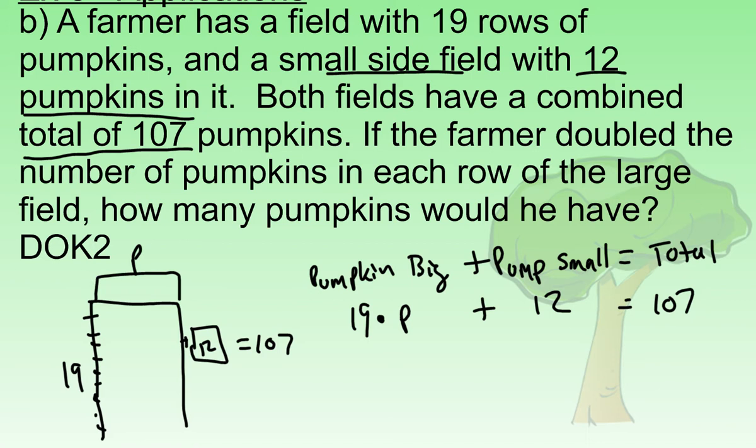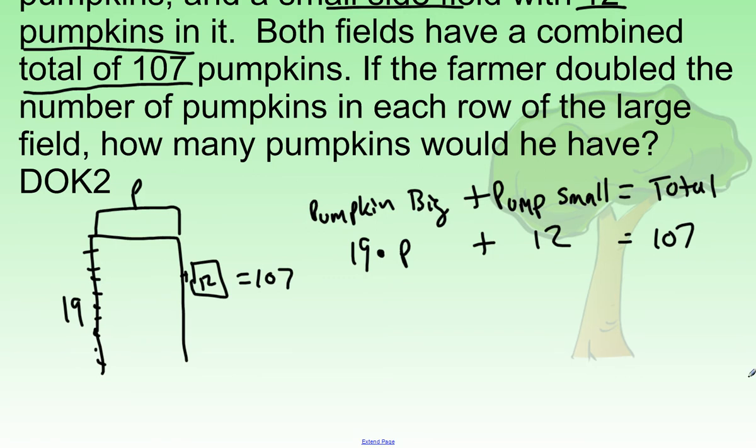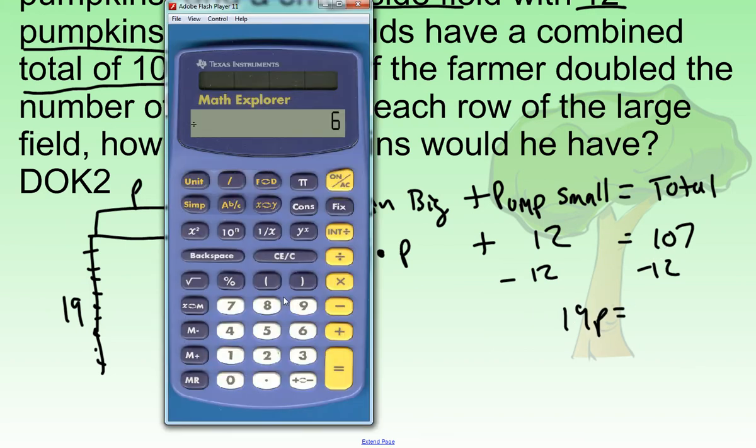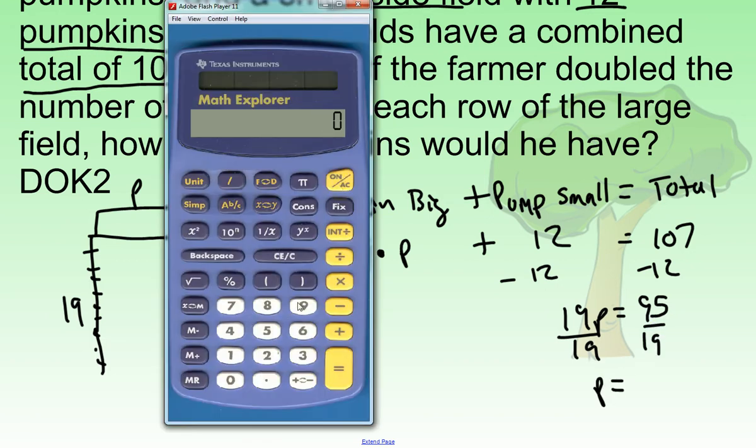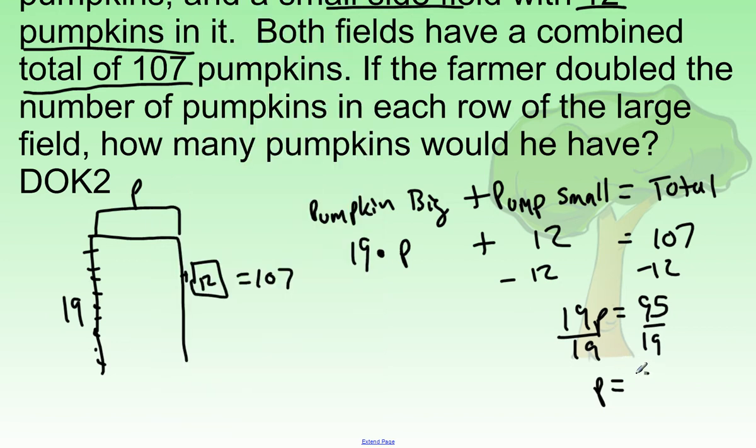Okay, so let's solve this equation. Let's figure out how many pumpkins are in each row. Subtract 12 on each side. 19p equals 107 minus 12, which is 95. Divide by 19 on each side, and the pumpkin total is 95 divided by 19, which is 5.